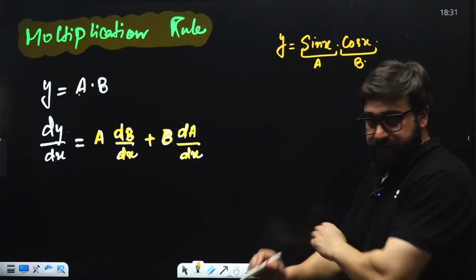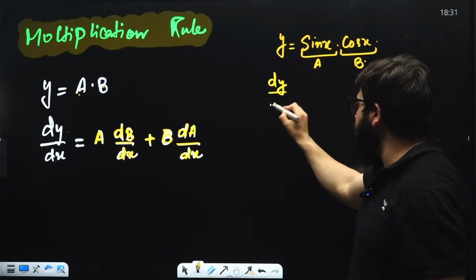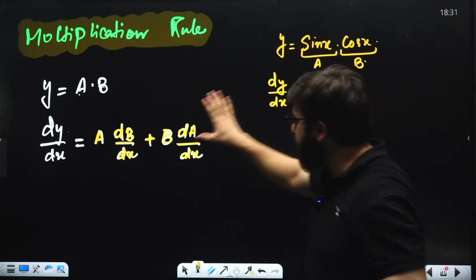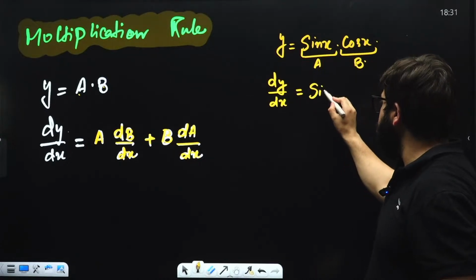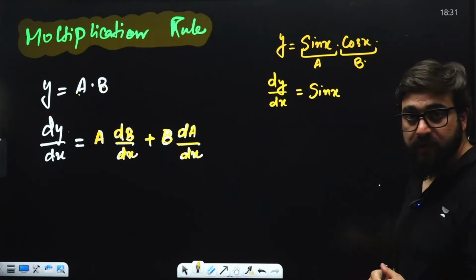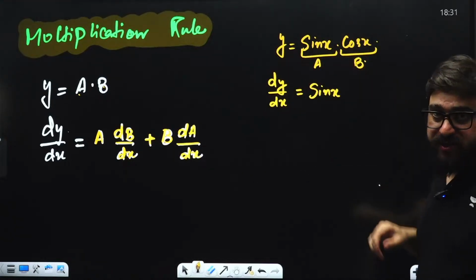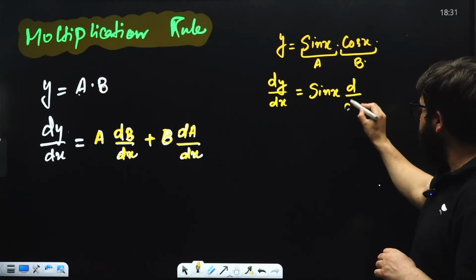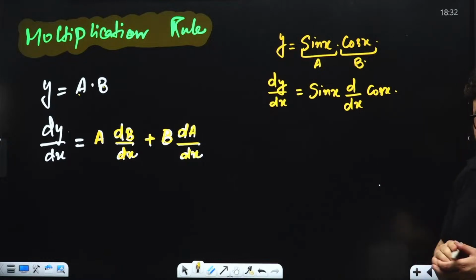Now, sure. Let me solve this. So dy divided by dx is equal to, first, we keep a as it is. This is sine of x. Then the differentiation of b. What is b over here? Cos x. So I'll write d by dx of cos of x, that is the differentiation of cos of x.